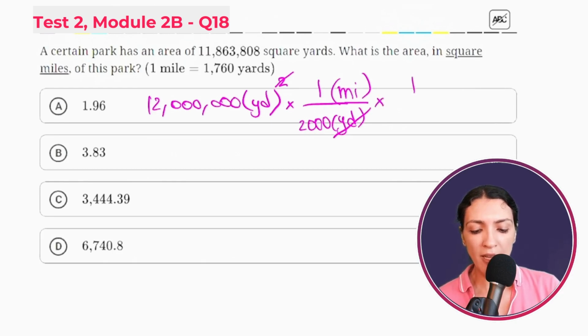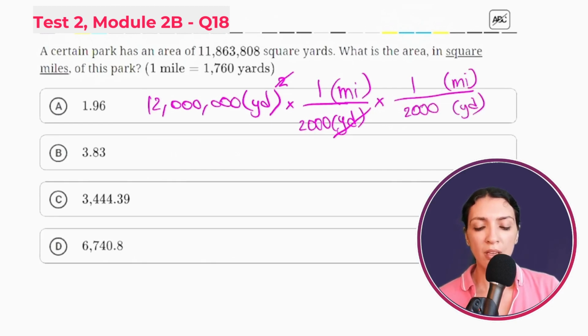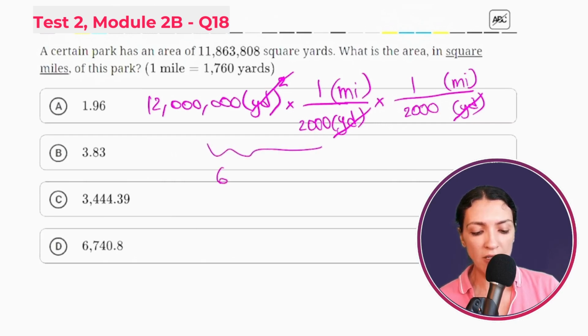So we'll multiply it by 1 mile on top and 2,000 yards at the bottom. So now the yards get completely canceled out and we're left with miles squared. So if we wanted to calculate the answer quickly, 12 million over 2,000, this part will give us 6,000.